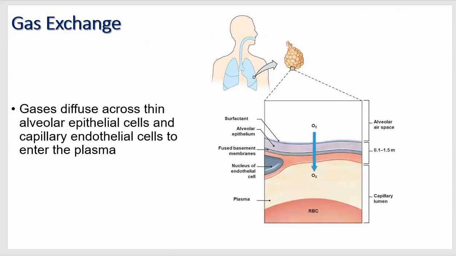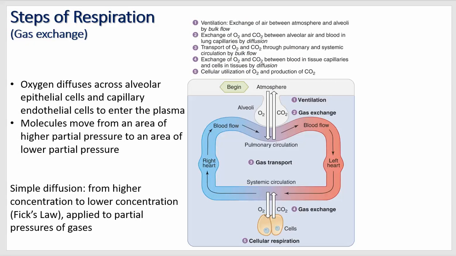So gases diffuse across thin alveolar epithelial cells and capillary endothelial cells to enter the plasma. Okay, so we're going to start talking about movement of oxygen through the lungs and down to the tissues. We're going to get into internal respiration. So steps of respiration, just a big overview here. Ventilation, we breathe.